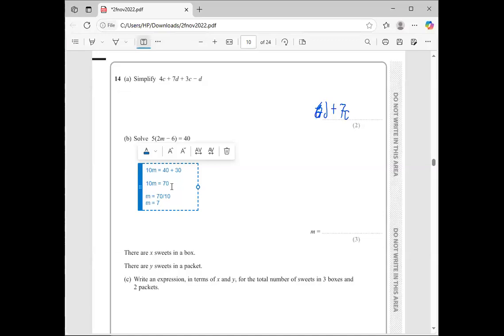So did you see that? Yes. Okay, that next one says there are X sweets in a box. There are Y sweets in a packet. It says write down an expression in terms of X and Y for the total number of sweets in 3 boxes and 2 packets.